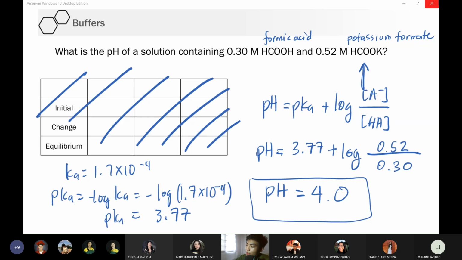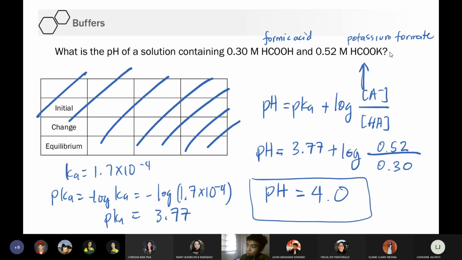So again, kailan mo malalaman kung gagamitin mo yung Henderson-Hasselbach equation? Ang una nyong gagawin is to check whether you have an acid and a conjugate base. So ano yung difference nila? Just look at the formula. Yung isang H doon mapapalitan ng metal. Usually potassium, sodium.